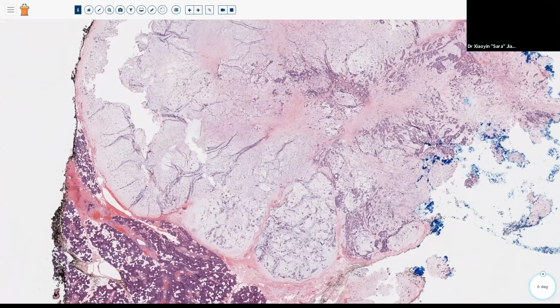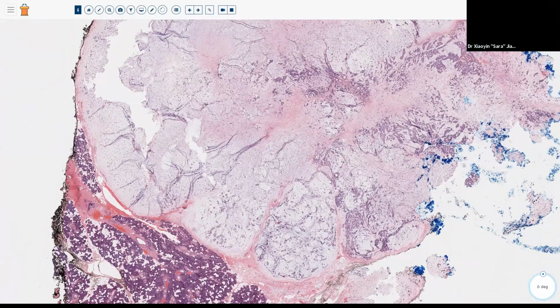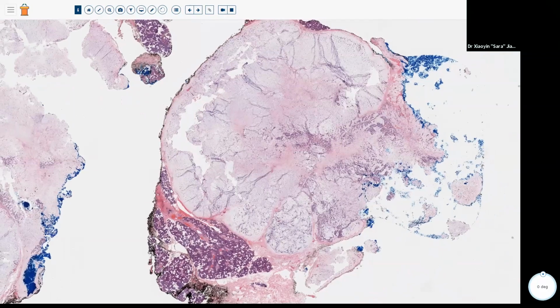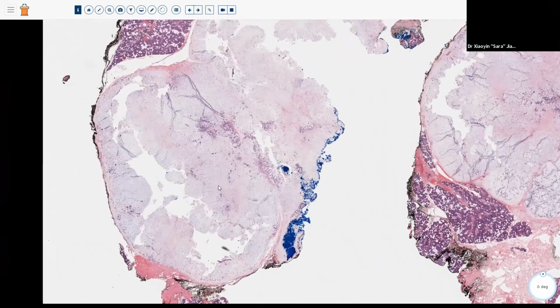This is a pleomorphic adenoma, which is, of course, our most common salivary tumor, whether you're in the parotid or submandibular gland or minor salivary gland. These are really going to be your most common salivary neoplasm. And this case shows off one of the elements that can be problematic with PAs.